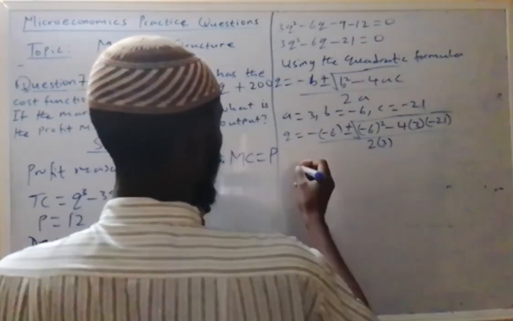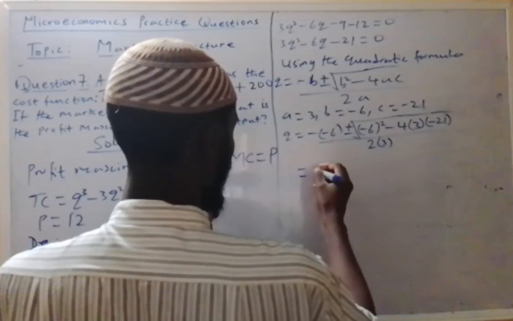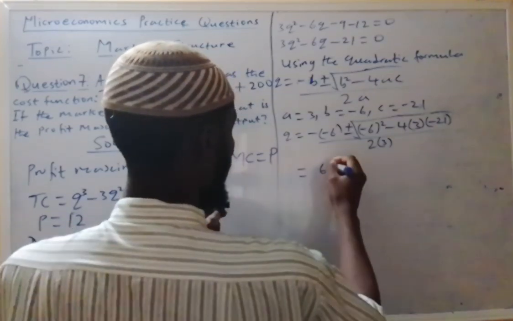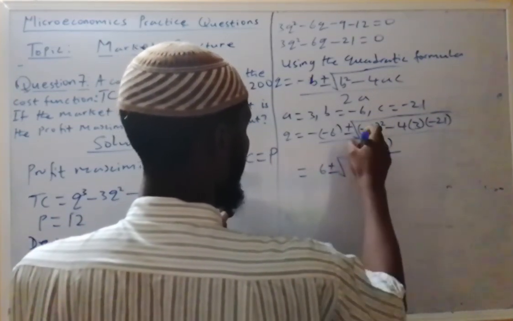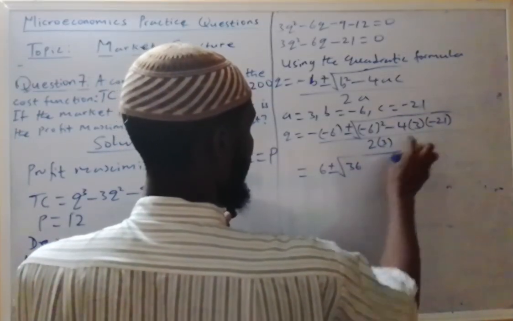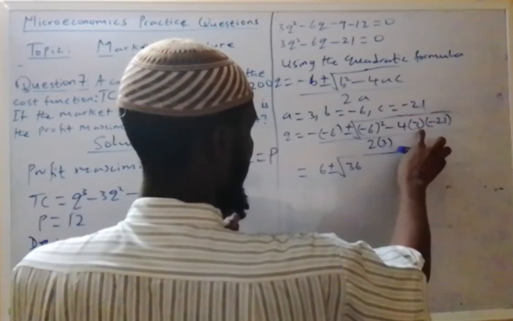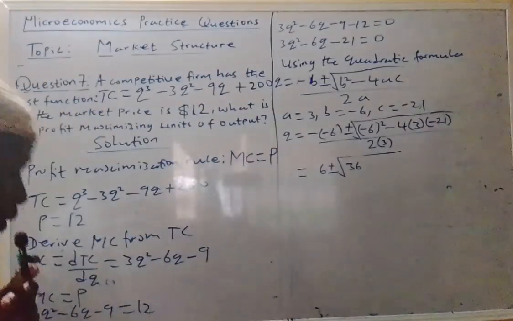Okay. Then we have this equals minus times minus 6, we have plus 6. Then you have plus or minus the square root of minus 6 squared, that is 36. Then minus 4 times 3, times minus 21.